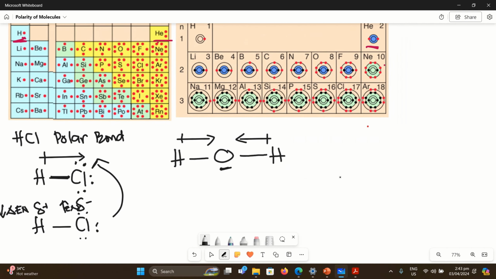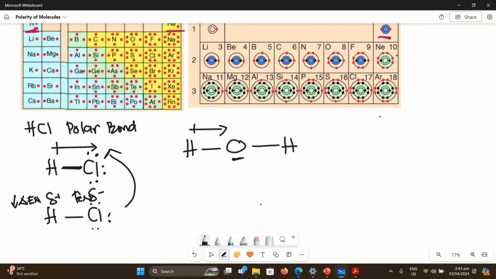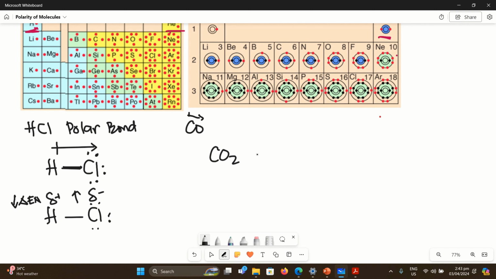Then, for another example that makes it conflict is yung CO. Kung CO tayo, it is polar. Why? It is more positive C, a more negative oxygen. It is because higher electronegativity. But if we have CO2, it makes it non-polar. Bakit? Kasi yung ating central atom is C, carbon na.